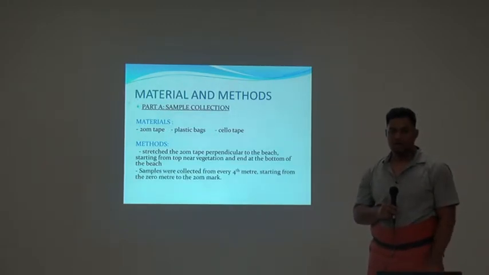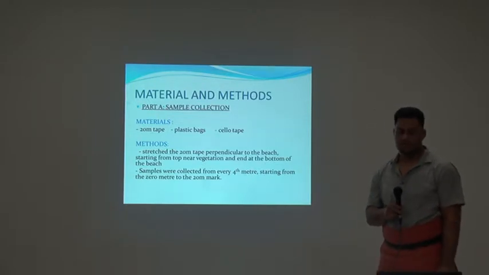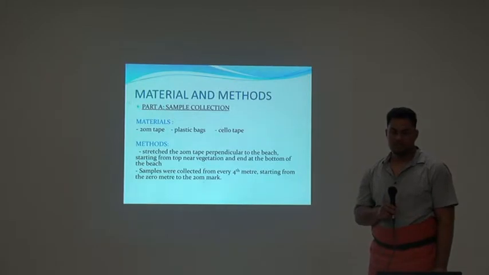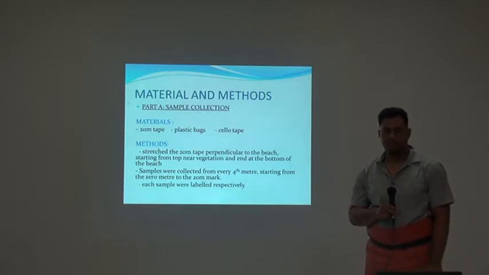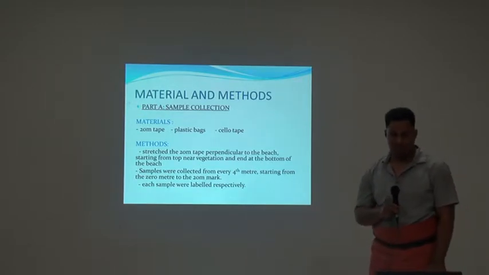Second, at every 4th meter on the 20-meter tape, we collect the samples, starting from the 0 mark of the meter tape up to the 20-meter mark. Then we label each sample respectively.